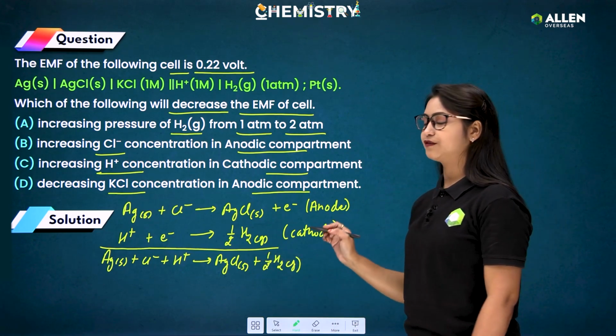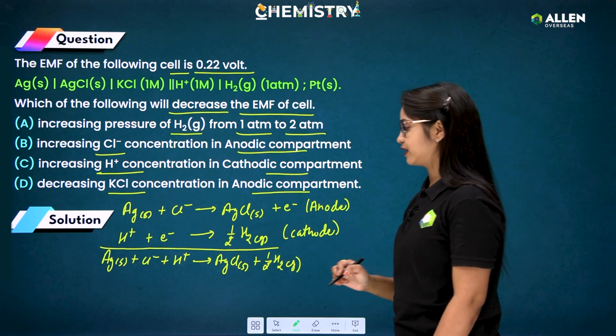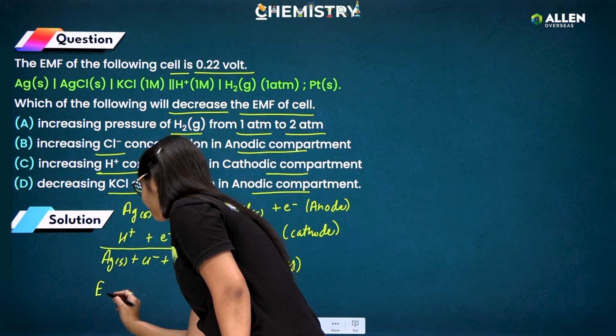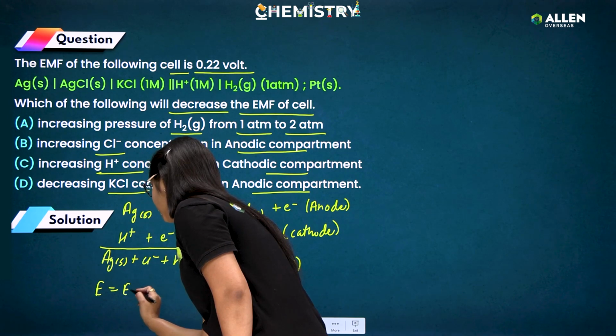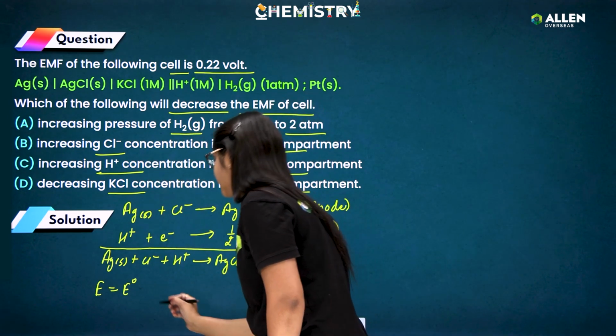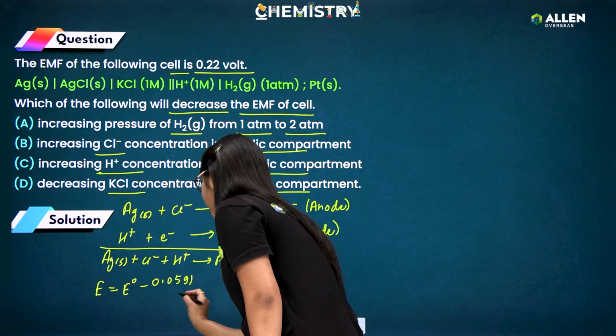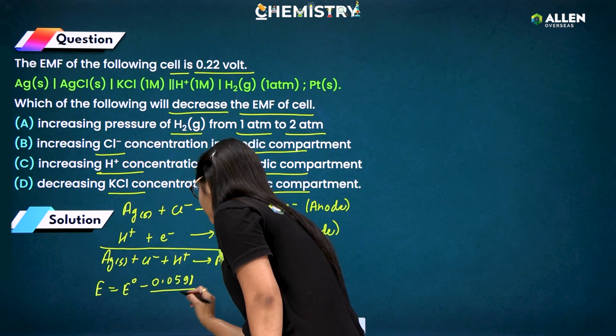Now for this reaction, if we write the expression to find out the EMF of the cell, what will be the expression? We know E cell will be equal to E naught cell minus 0.0591, if we take the standard condition, divided by n.